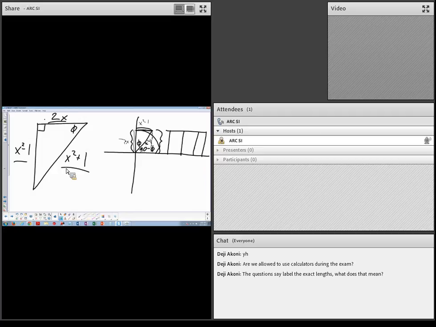So it's x squared minus 1 over x squared plus 1. It's not negative. x squared would have to be negative for the signs to flip. Wait, so this isn't right?